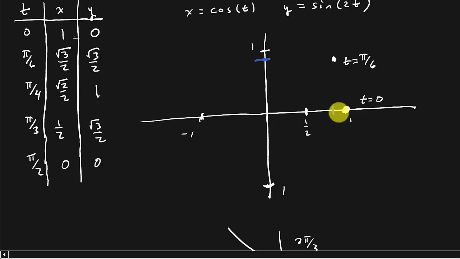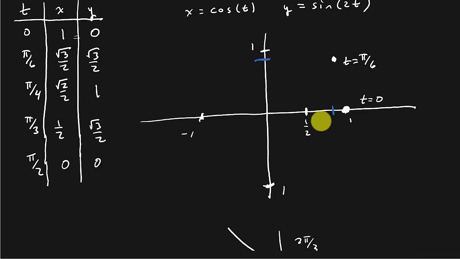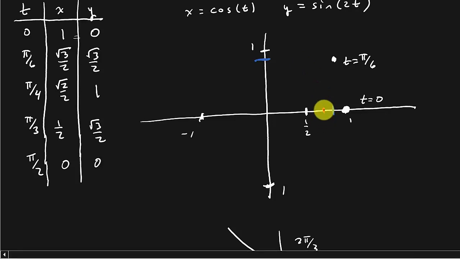So square root of 2 over 2. Where's that going to be? Well, that's probably going to be about, let's make that with a red mark, square root of 2 over 2. That's probably going to be about right in there. And we're at the point square root of 2 over 2, 1, which is going to be about right there.